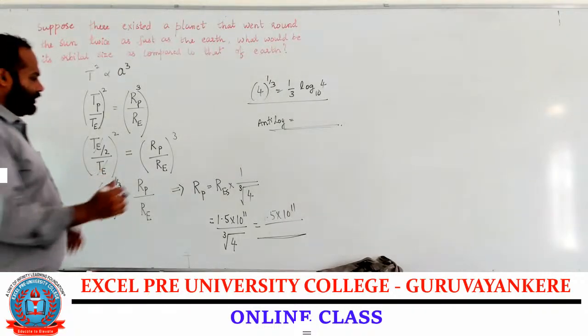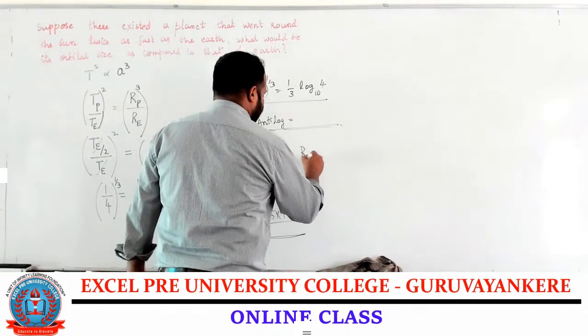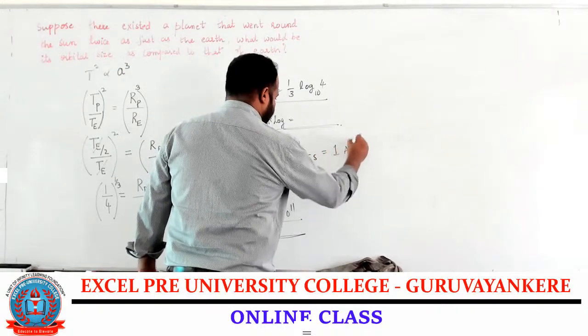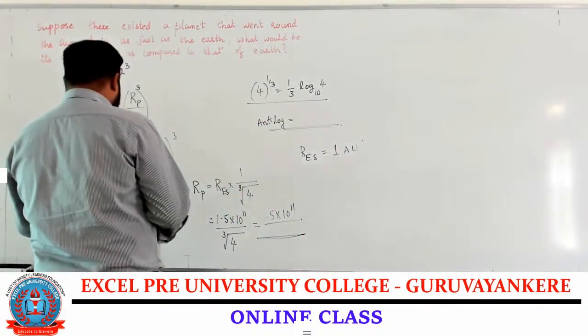Or else, radius of the earth with the sun, you can take it as 1 astronomical unit. That also can be done.